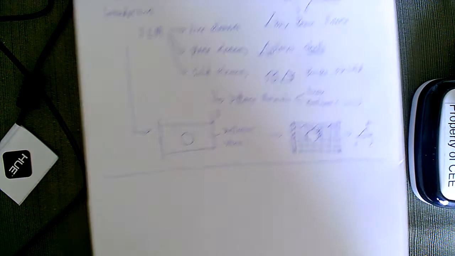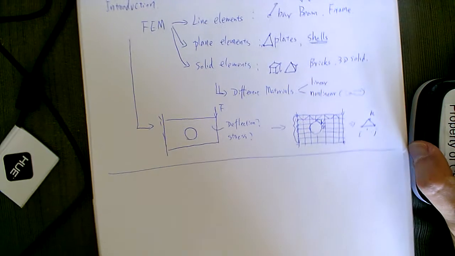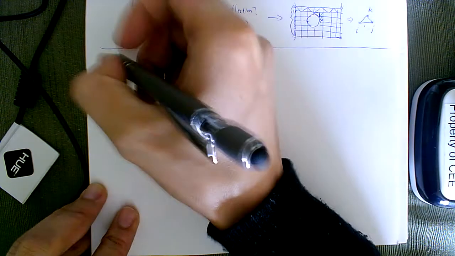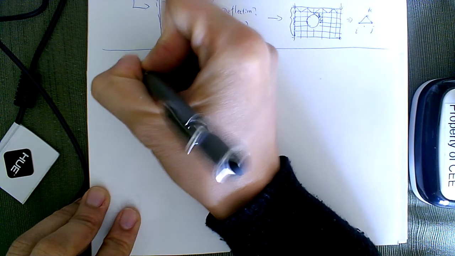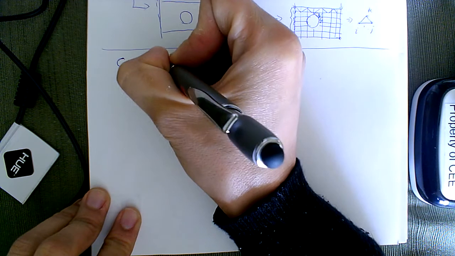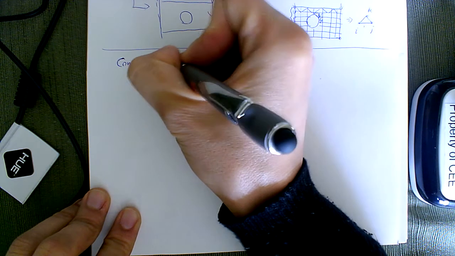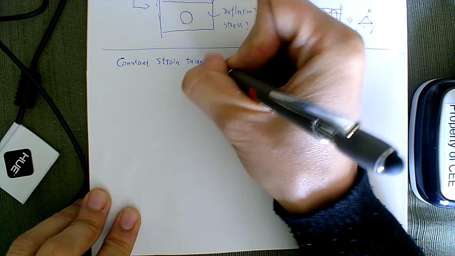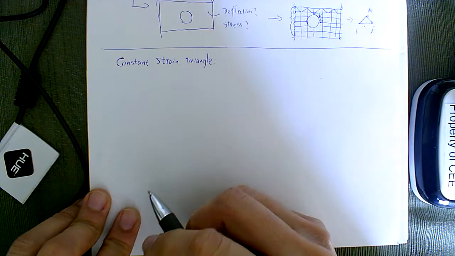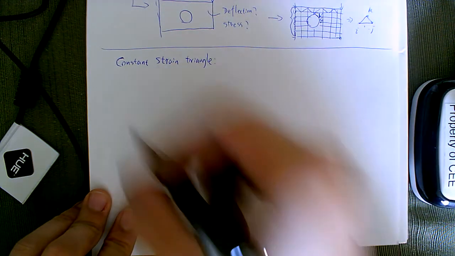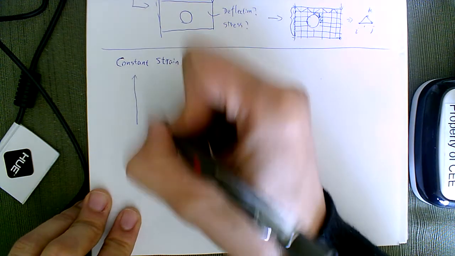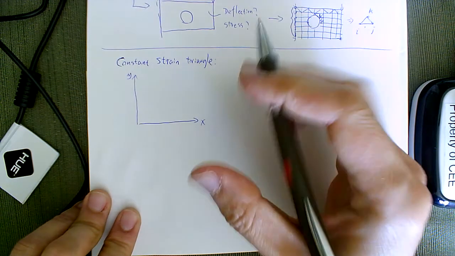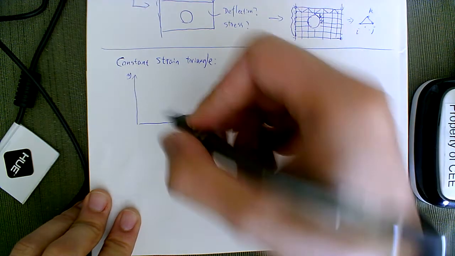So the example we're going to do in this case is called the constant strain triangle. People sometimes call it that, and you will know why it is constant strain in a little bit, but let's set it up. Okay, so basically it's a 2D element, so it's in 2D, x and y, and it only moves in 2D, okay, it's not gonna go 3D.